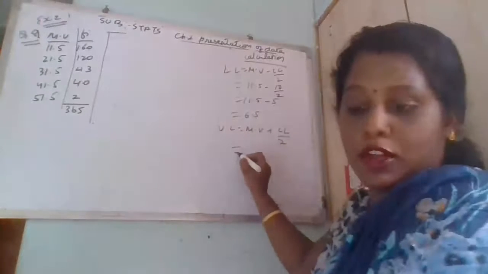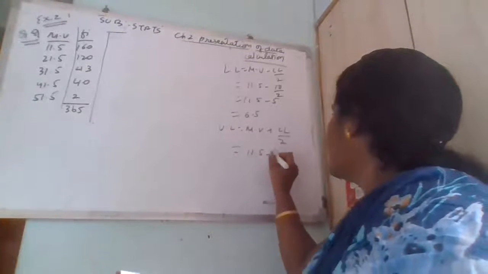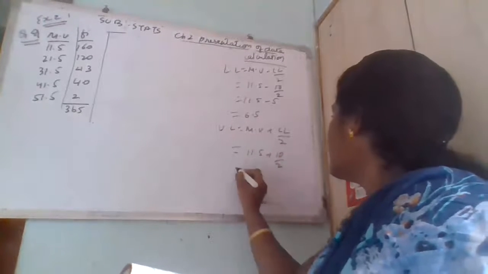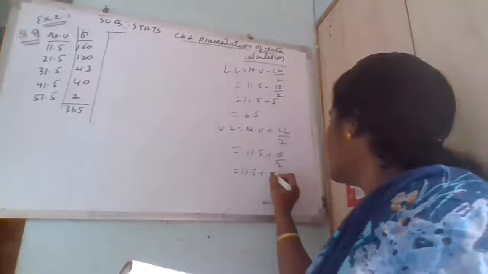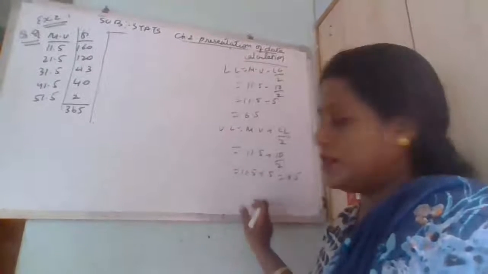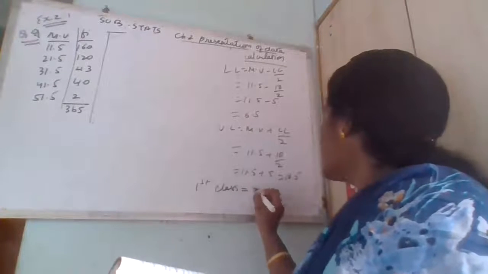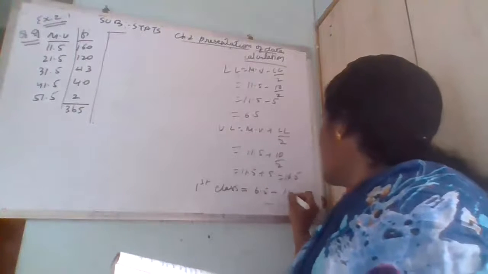Then the upper limit formula: mid value plus class length upon 2. Right? So this is your calculation. The first class is 6.5 to 16.5, right?